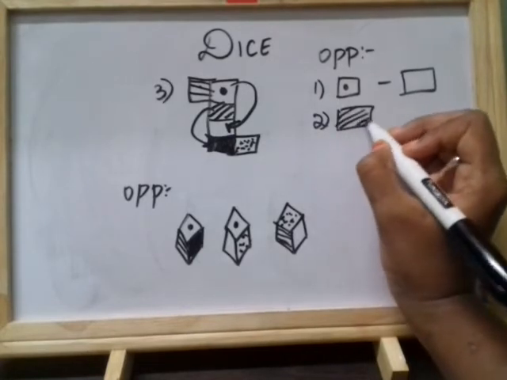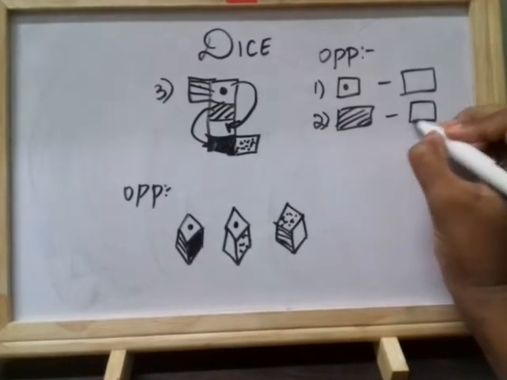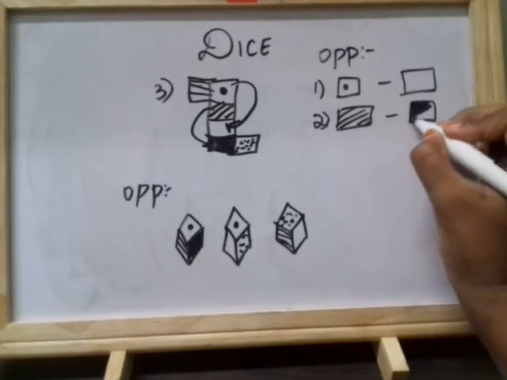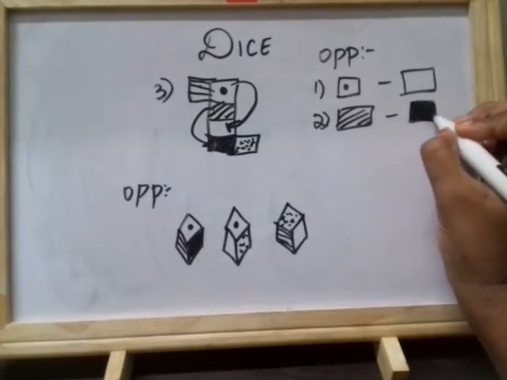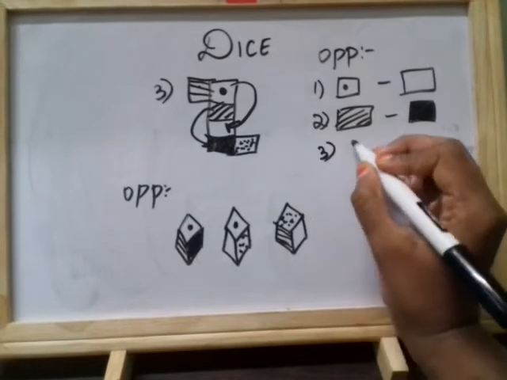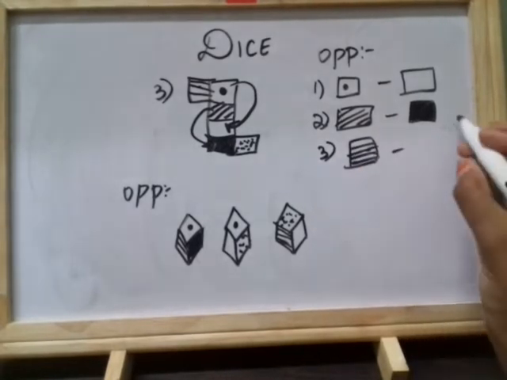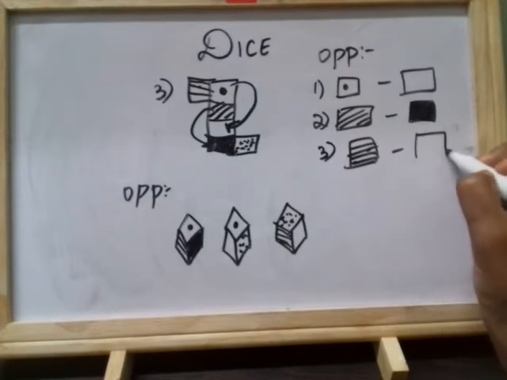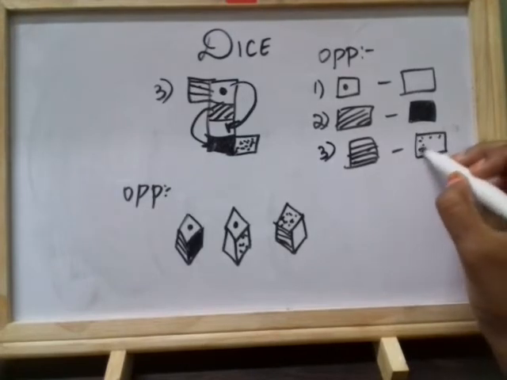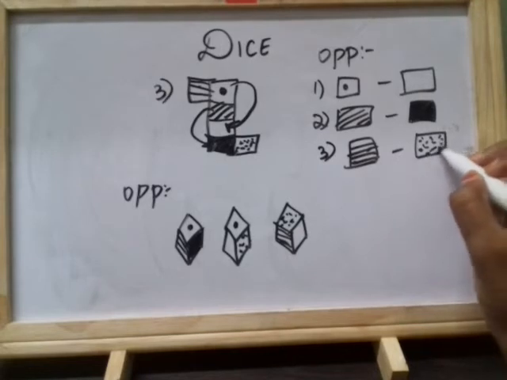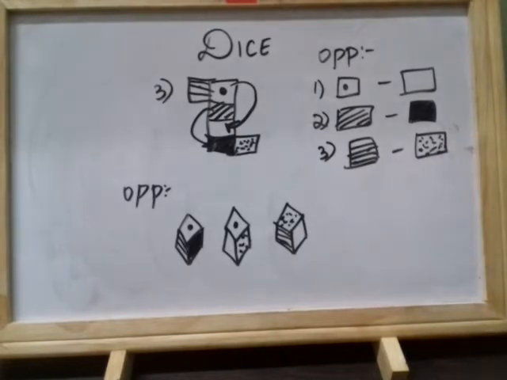Slanting lines are opposite to the colored one. Third one, slanting lines are opposite to dots. Yes, these are the three things we analyze from this question.